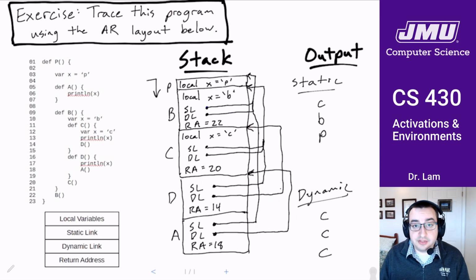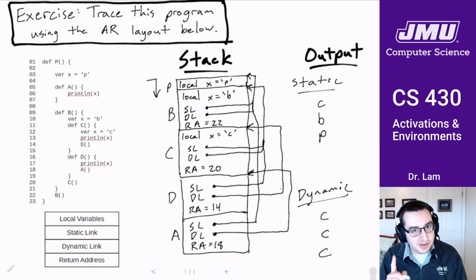As the functions return, these records would go off the stack, but typically I'm going to be asking you to draw these things in their deepest form, where there are the most things on the stack. And so I think that we will stop the drawing there and just realize that as these functions return, each of these things would be popped off the stack, or the stack pointer would be adjusted such that they're no longer on the stack.